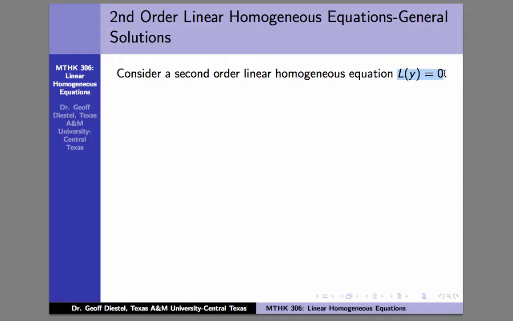So in the past 3 videos, what we've done is understood what the characteristic equation is telling us and how we can use it to determine general solutions of this homogeneous equation. And we're going to go over this in terms of second order, because if you understand the second order, higher orders doesn't really change anything.